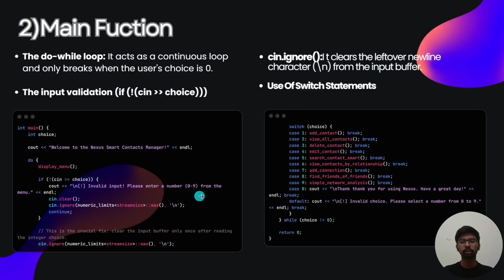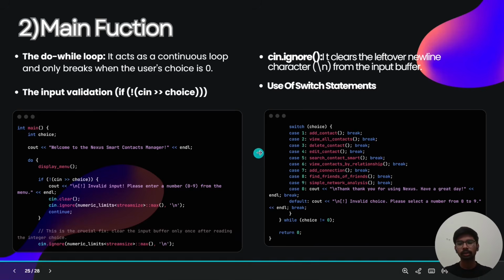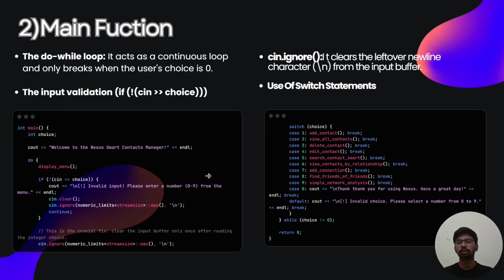Please enter a number from 0 to 9." cin.ignore has been used to clear the leftover newline character from the input buffer, which the user entered in previous commands. Multiple switch statements are used to proceed to different features so that it keeps int main clean and neat.